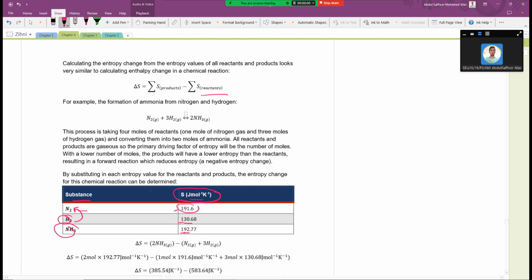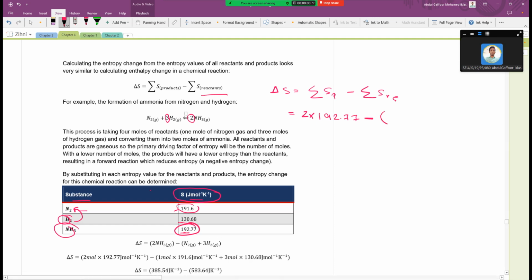So now we have to find out delta S, right? Delta S is equal to the summation of S products minus the summation of S reactants, right? Now you have to remember the mole, per mole. Here 2 moles, so 2 times, the product is ammonia, 192.77, minus, this minus is in the equation.